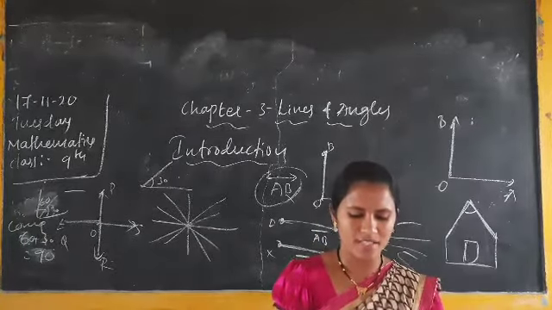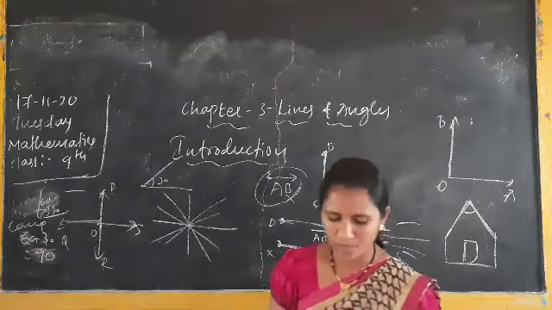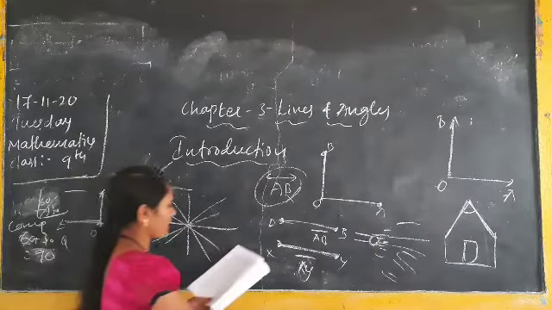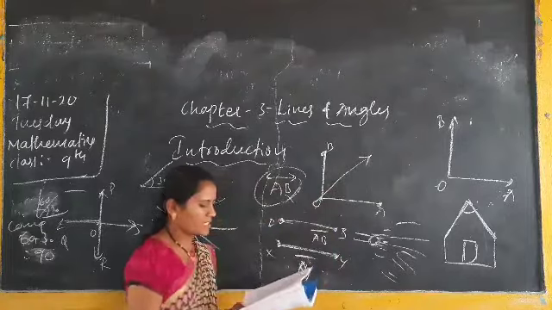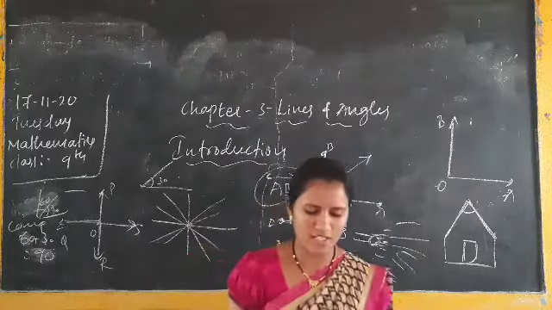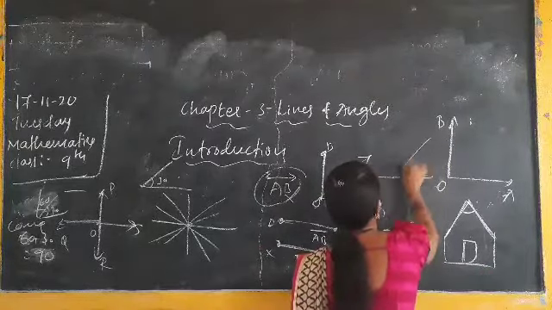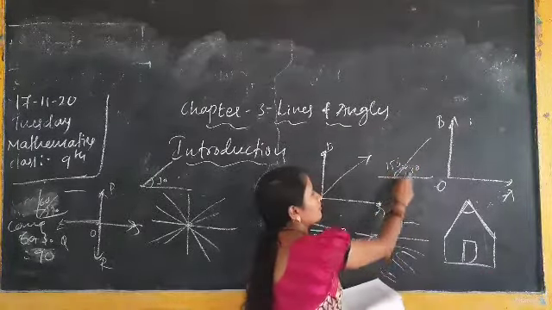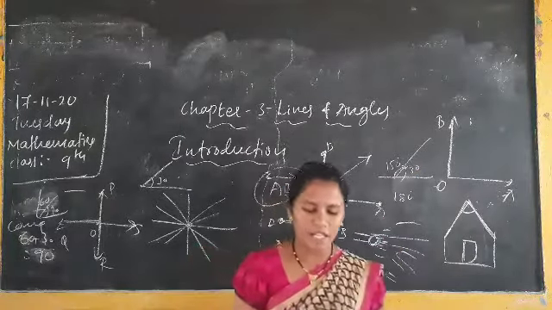Next, adjacent angles, linear pair of angles, vertically opposite angles. Adjacent angles means side by side. Here they have given it in the picture. Okay, like this means adjacent angles. Next, a linear pair of angles: if I am taking two angles, here 30 and here 150, if both are added you are getting 180 degrees, it is a linear pair of angles.